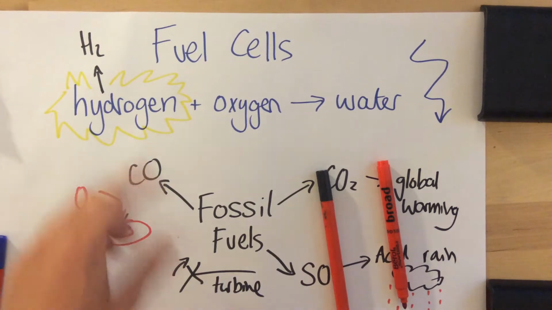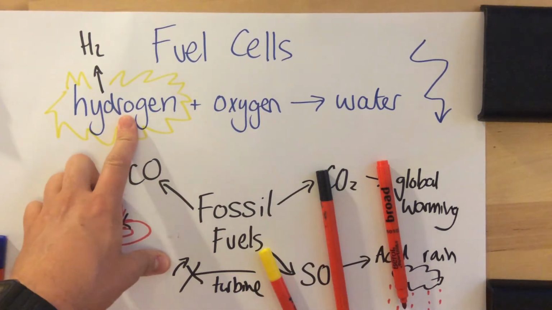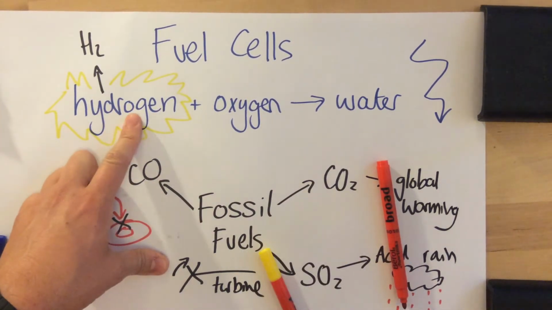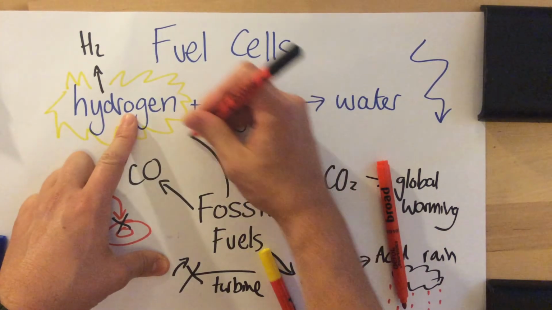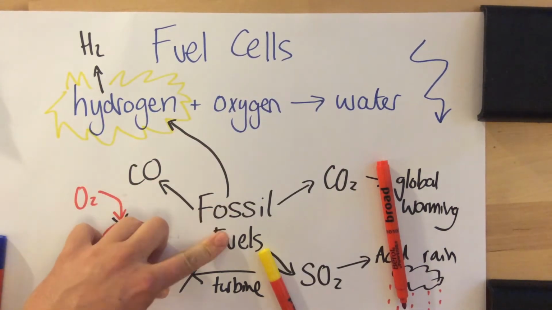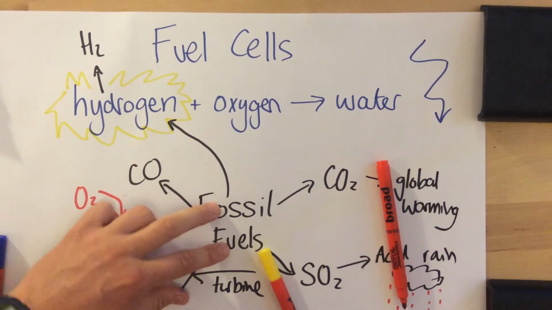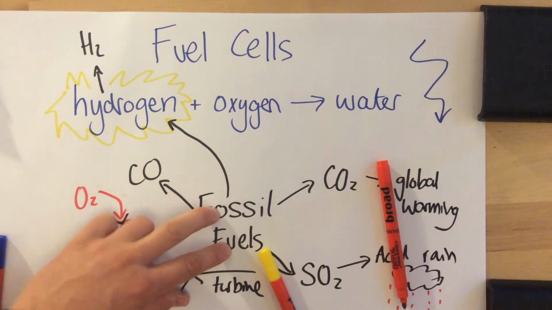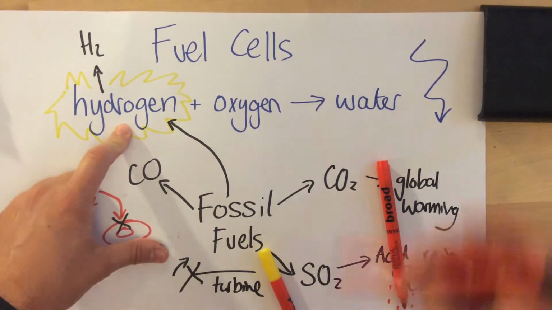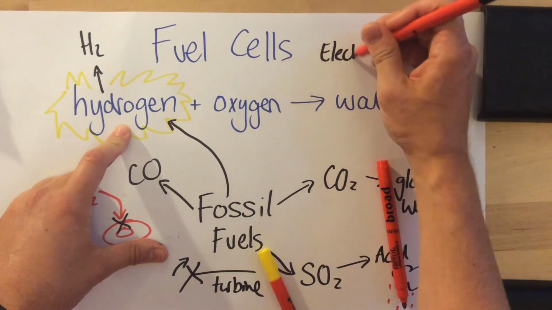The other problem is, where do we get the hydrogen from? Currently, lots of the hydrogen actually comes from fossil fuels itself. So it doesn't really get rid of the problems associated with fossil fuels. Also, the other way of doing it is through the process of electrolysis.